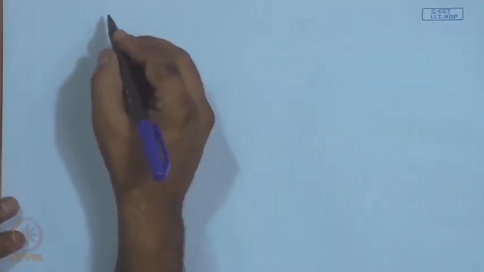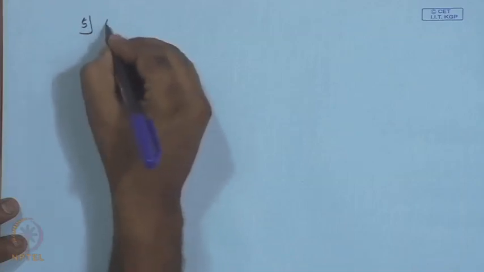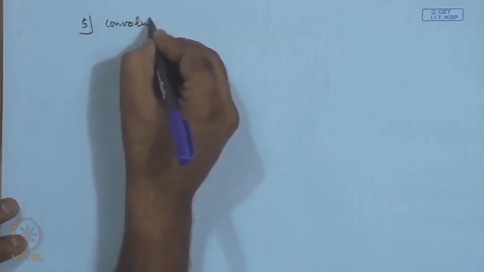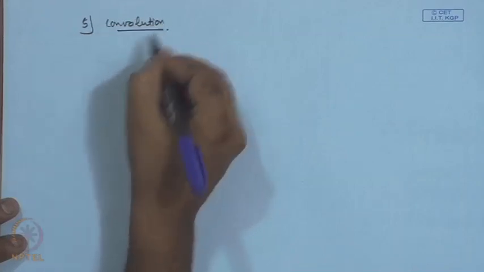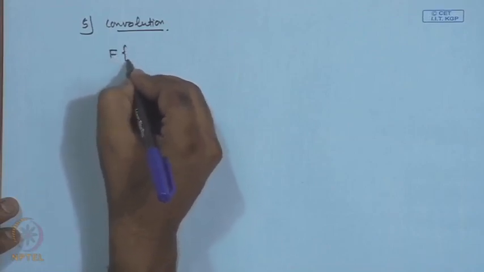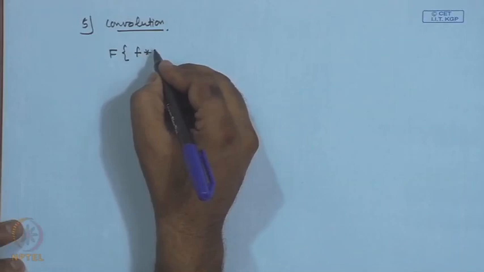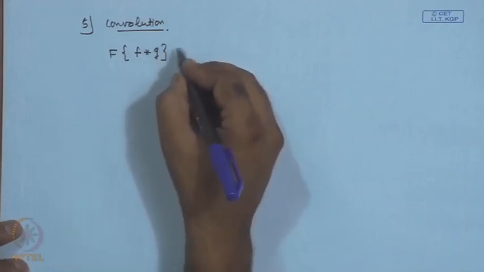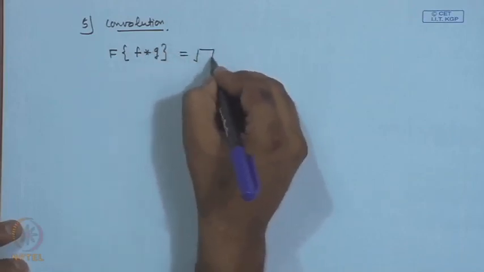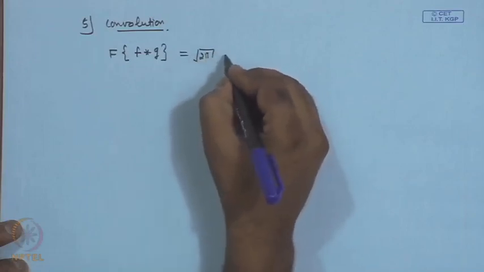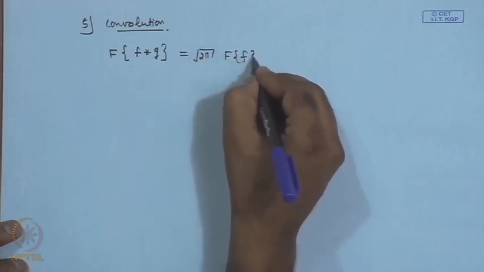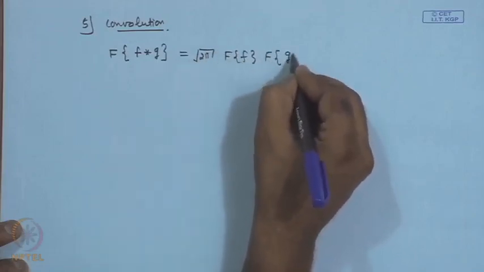Then we have now the convolution property. This theorem says that the Fourier transform of the convolution of f and g will be square root 2 pi times the Fourier transform of f and the Fourier transform of g.